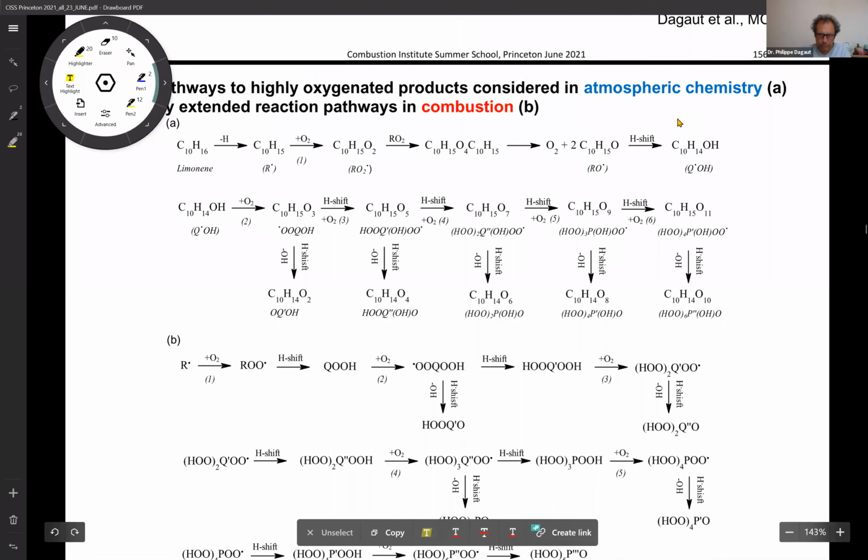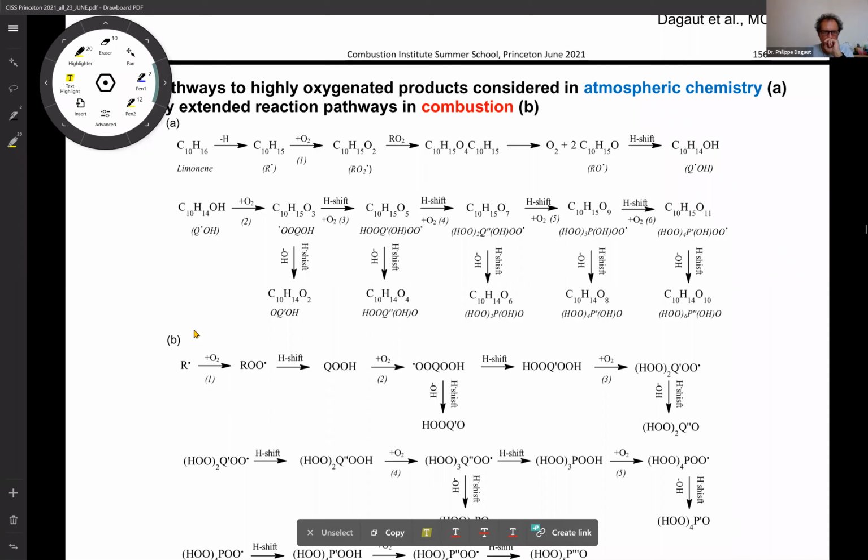And it turns out that we observe also this chemistry under cool flame conditions, slightly below 600 Kelvin. The second channel is the one that I presented before. This is what I call here the combustion channel.